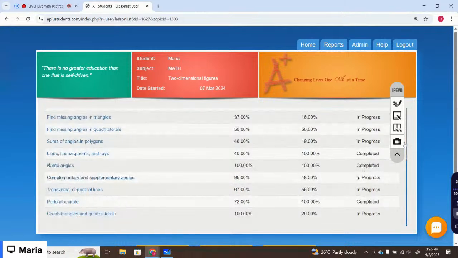The next lesson is transversals of parallel lines.